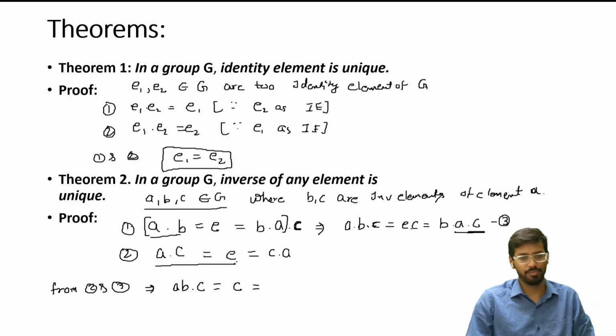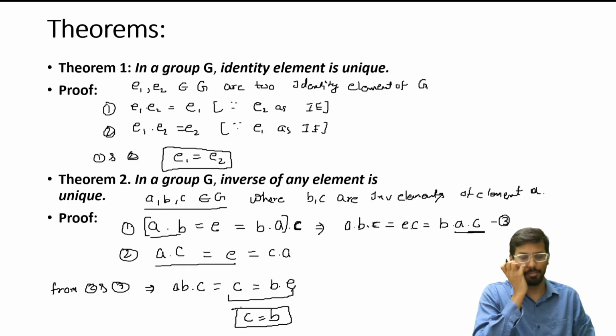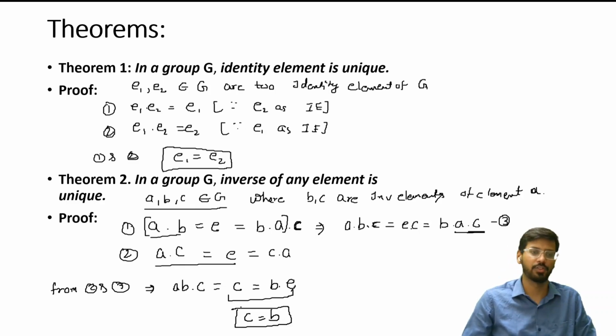AC is equal to E, so B dot E, and by these two we can write C is equal to B. So hence proof, we assume that B and C are two different inverses of element A, but in the end we have proved that B is equal to C. So the inverse element of A is unique.